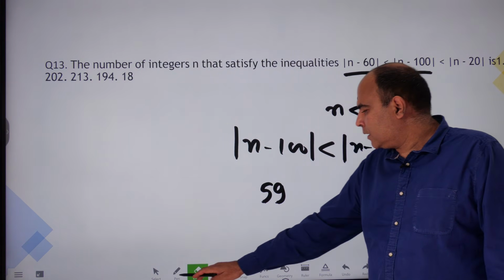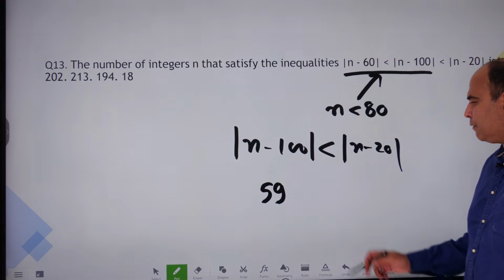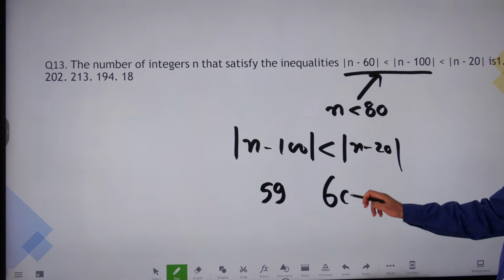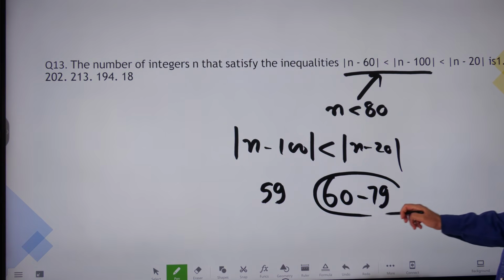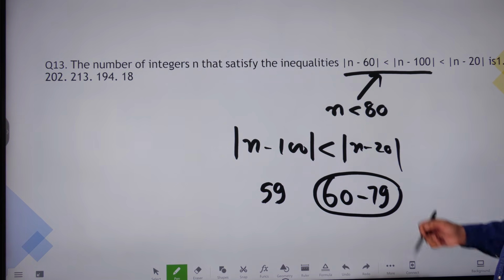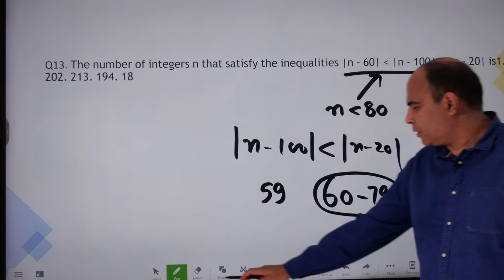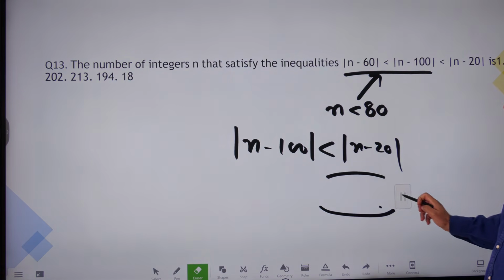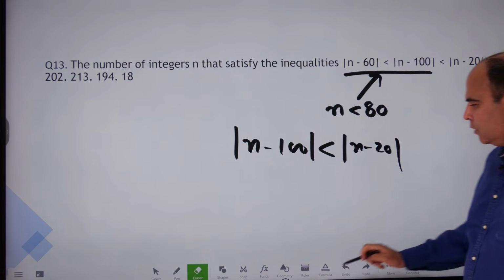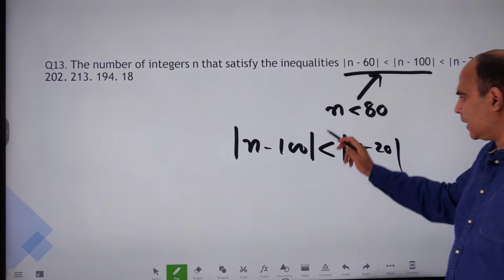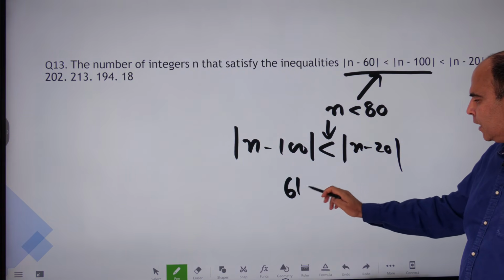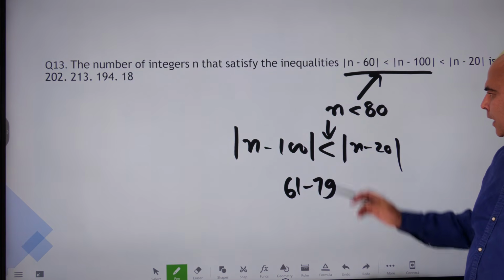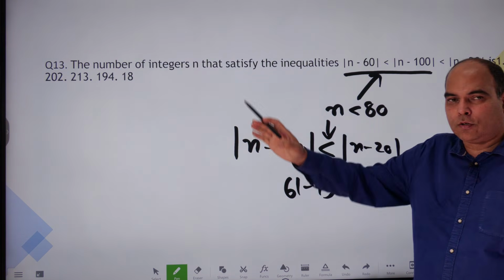So what we can realize is that it's not from 60 to 79, actually 61 to 79. At 60 both are equal. There's a strict inequality here, this has to be less than that. So from 61 to 79, this is going to be valid, and that was valid from 79 all the way back on the number line.